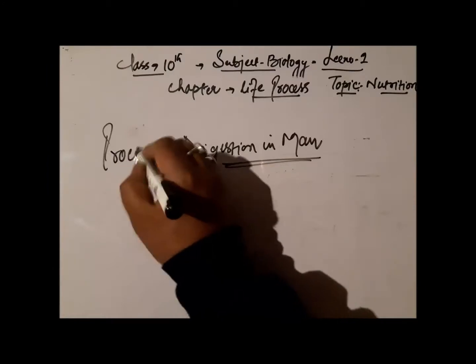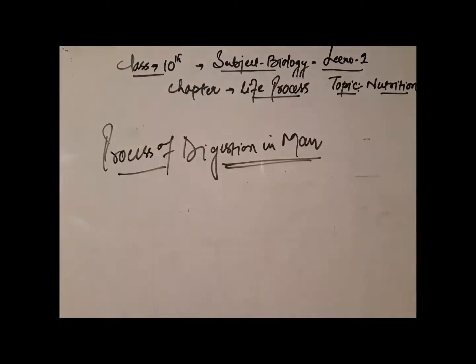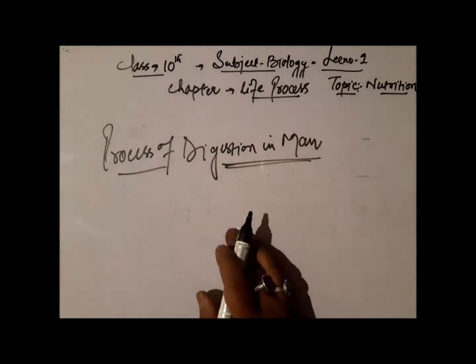The process of digestion in man takes place in various steps, which we have already discussed, but now we will also discuss what enzymes participate in the process of digestion and which organs are involved in the process of digestion in man. So let's discuss it over here.